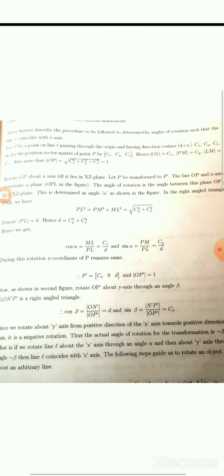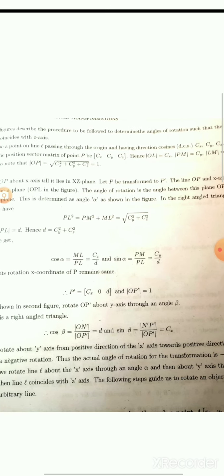So let the position vector matrix of point P be Cx, Cy, Cz. Hence mod of OL, that is distance of OL, is Cx, distance of PM is Cy and distance of LM is Cz. Also distance of OP, that is mod of OP, equals root of Cx square plus Cy square plus Cz square, which equals 1.